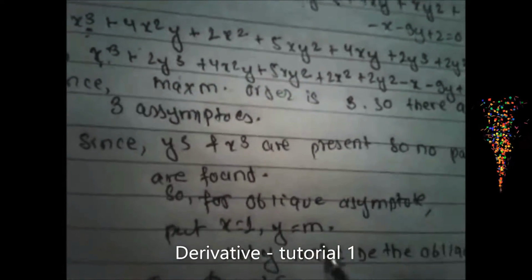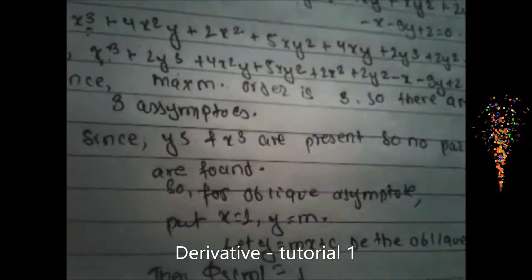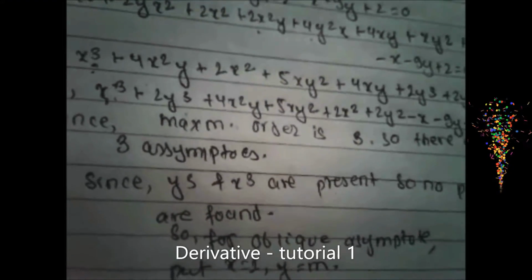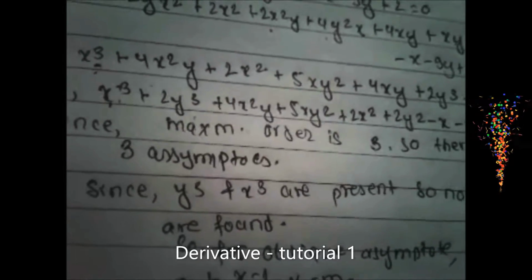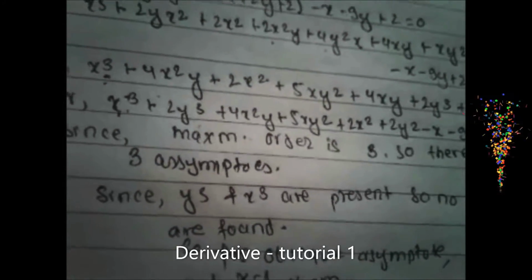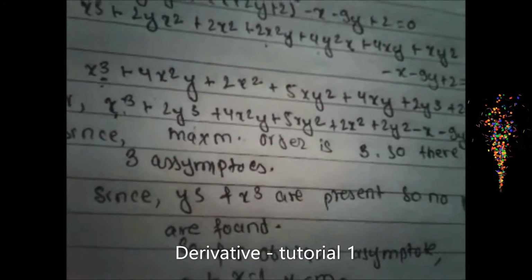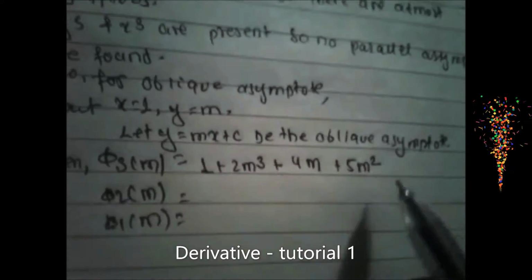Now what we get, x cube 1 plus 2m cube plus, therefore x square we put 1 and y is m, plus 5m square. These are only of 3 order.